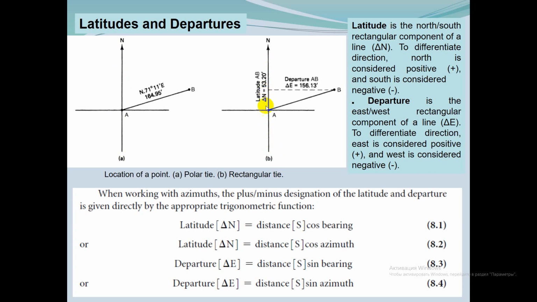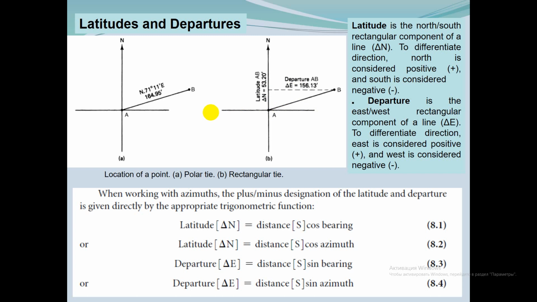Departure is the east-west rectangular component of a line, delta E. To differentiate direction, east is considered positive and west is considered negative.